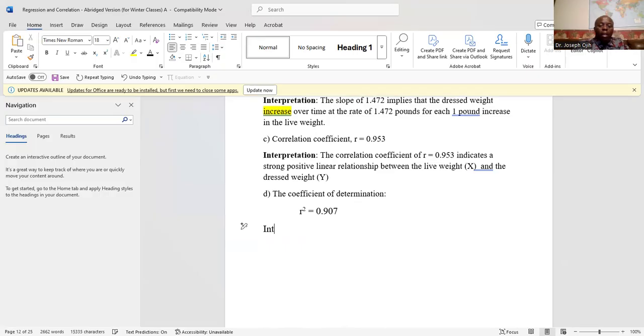Okay. A general way of saying it is that 90.7% of the change in the y variable is caused by the change in the x variable. If it is a negative slope, you say 90.7% of the decrease in the dress weight is explained by the increase in the live weight. But this one is a positive slope, or if it's a negative R.